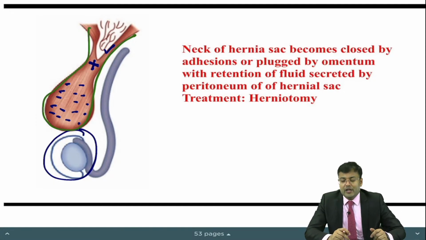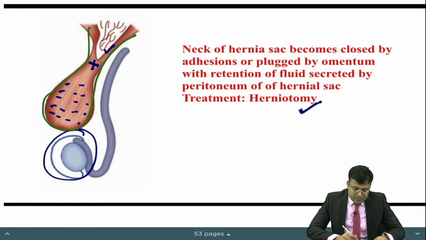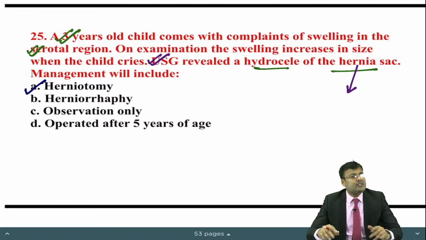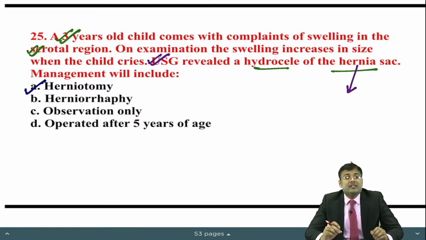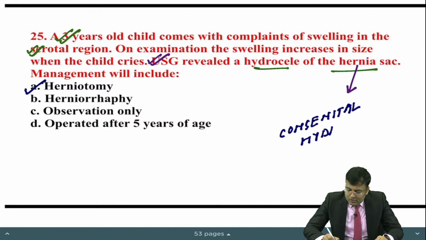So what you have to do? You have to perform herniotomy. The management will include herniotomy. And in which type of hydrocele do we go for herniotomy? Another type, congenital hydrocele.